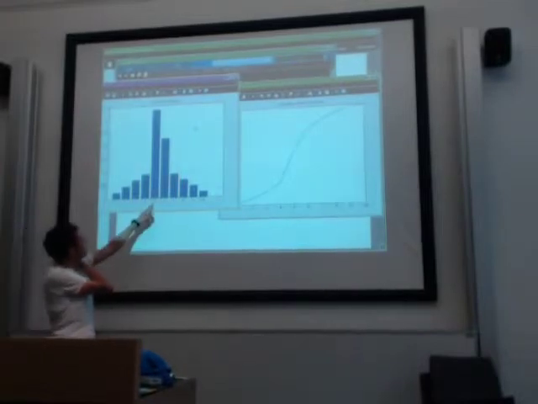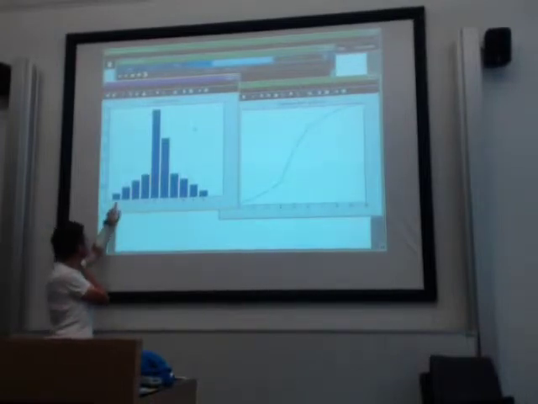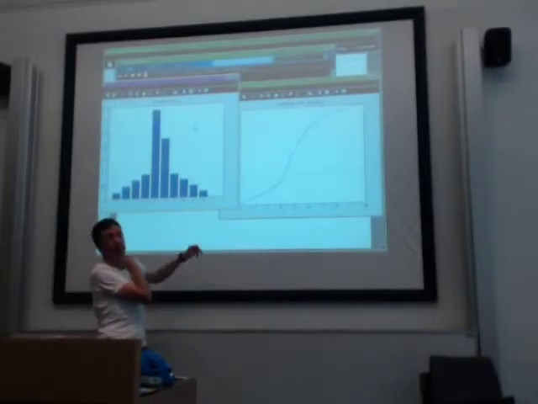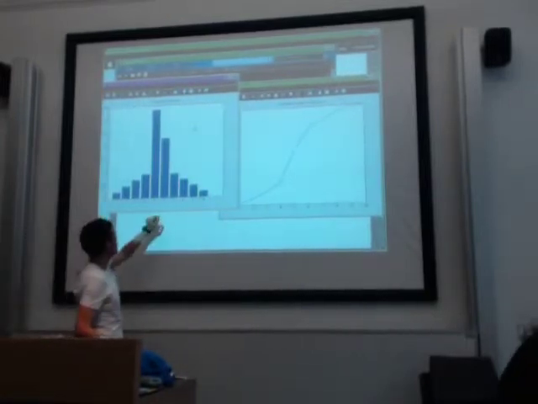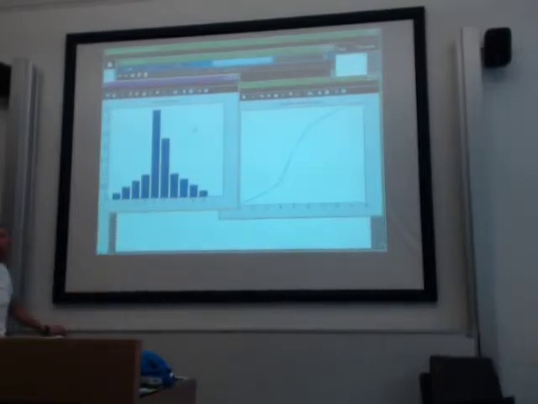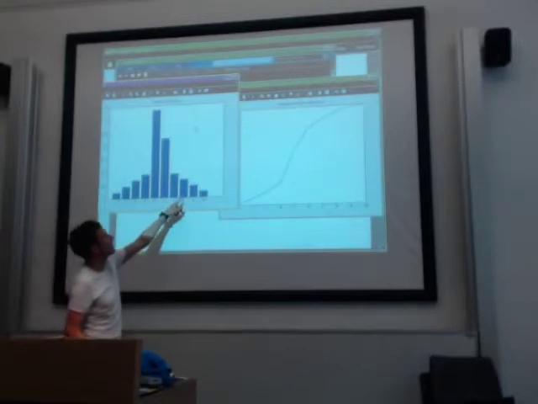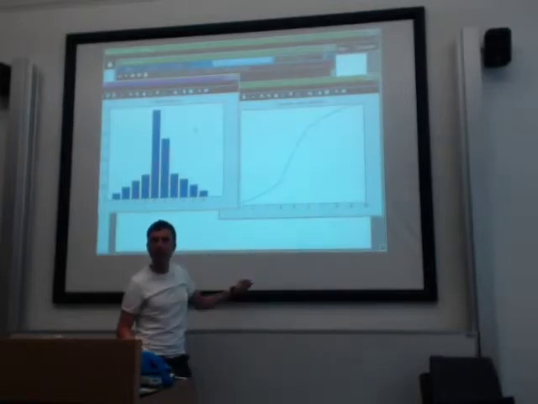Most people have got an average salary. They're somewhere in the middle. There are a small number of poor people, and a small number of wealthy people. So if you were to have a salary here, the probability that a randomly chosen person in the population is going to have a salary lower than that is given by this curve here.